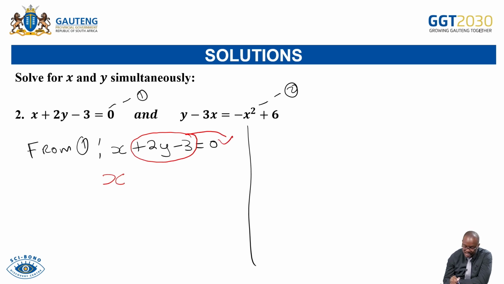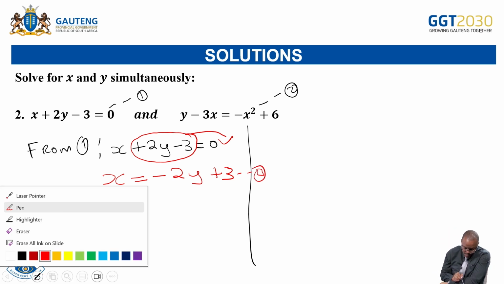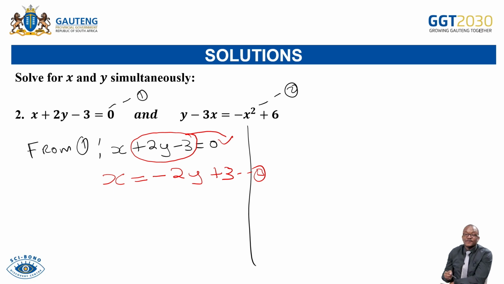So we're going to have x equal to minus 2y plus 3. Then we call it equation 3. I hope we transferred the signs properly: positive 2y to negative 2y and negative 3 to positive 3.